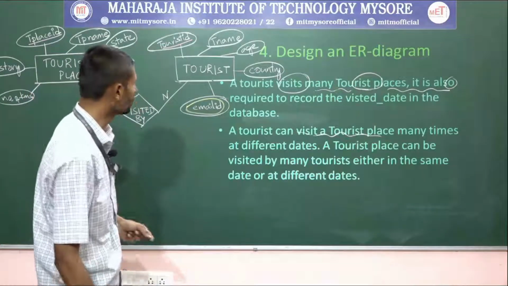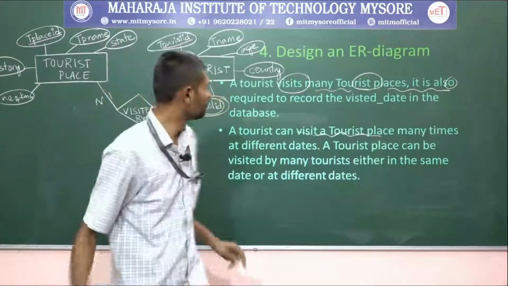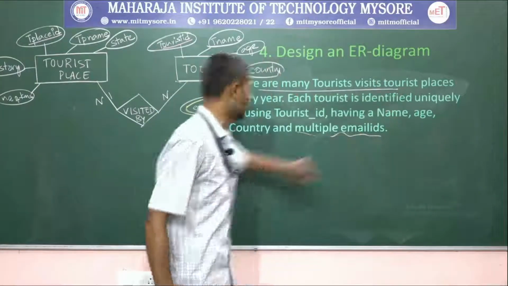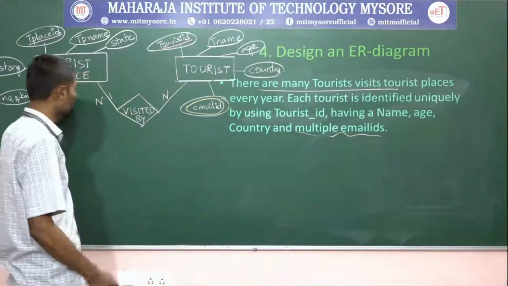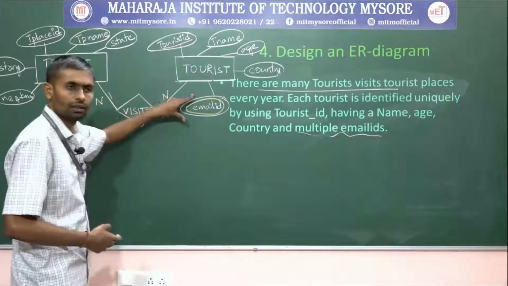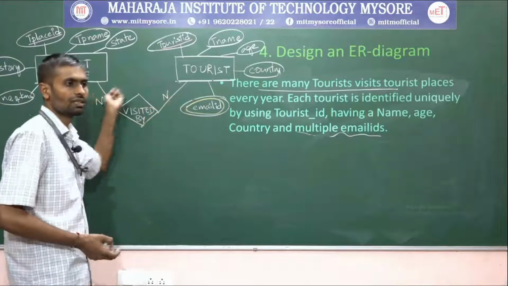Let me take the problem statement: many tourists visit tourist places, many tourists visit one place, and one tourist visits many places. One place could be visited by many tourists, and a tourist can visit many places.